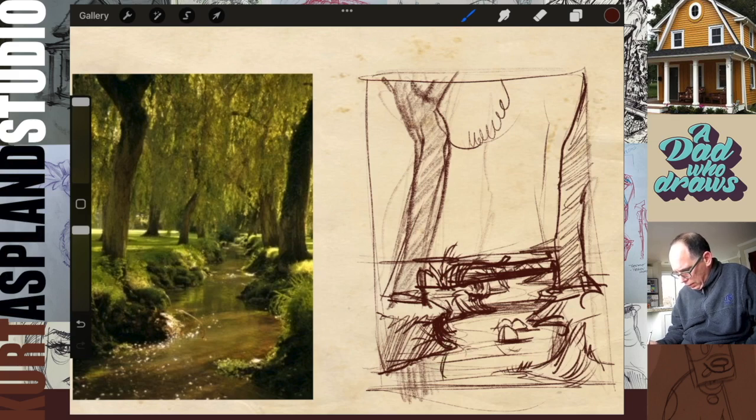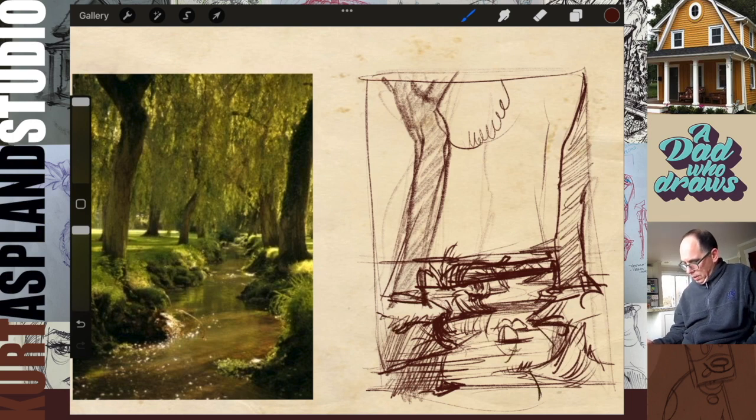Well, believe it or not, this bank is also going to have a bit of reflection in this water. So is this guy here. And this guy, and this guy. Rocks are going to have a little bit of a reflection. And there you go.